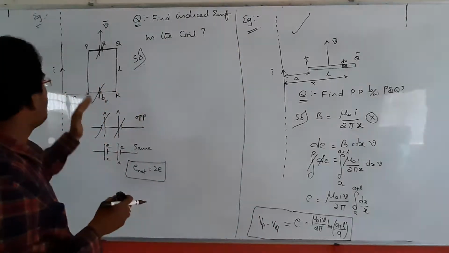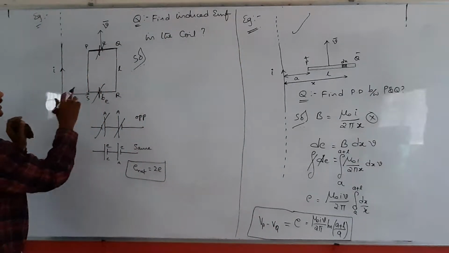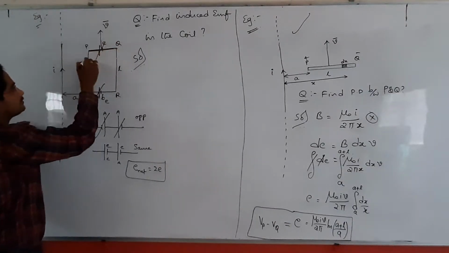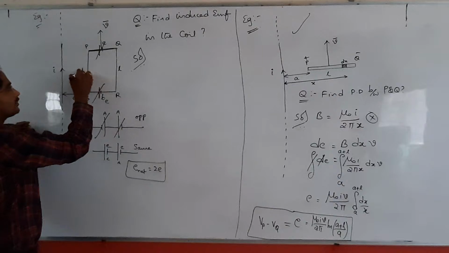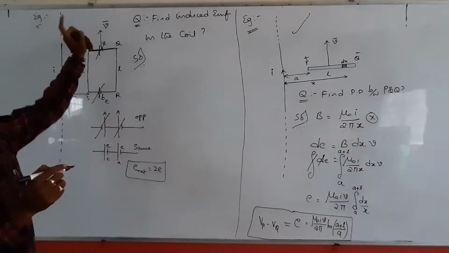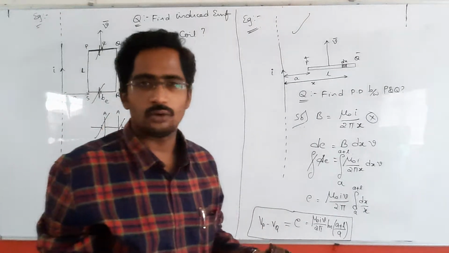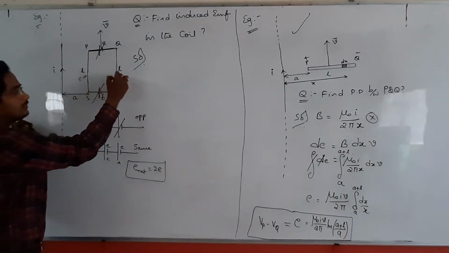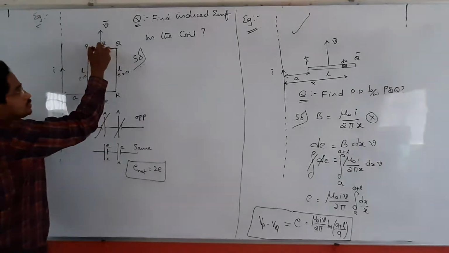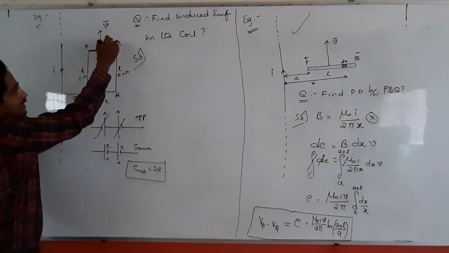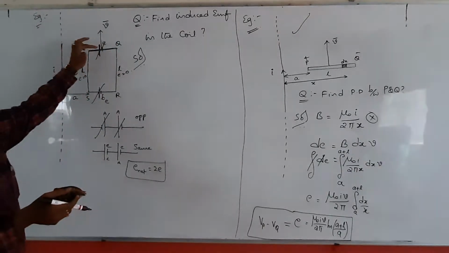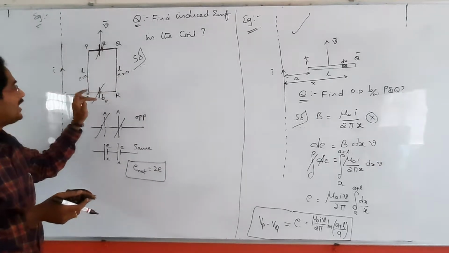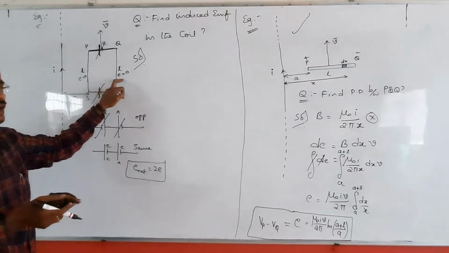See here, PS has its length parallel to velocity. L is parallel to velocity here, and L is parallel to velocity here. So the induced EMF is 0. These two sides are not zero, but due to the same value of EMFs in opposite directions, they cancel. The other two are zero already.